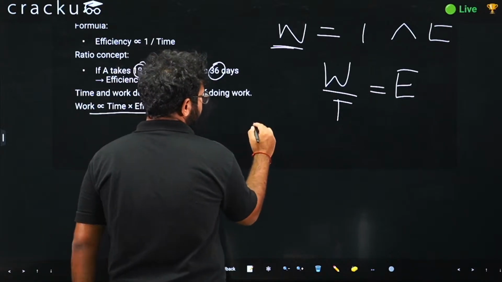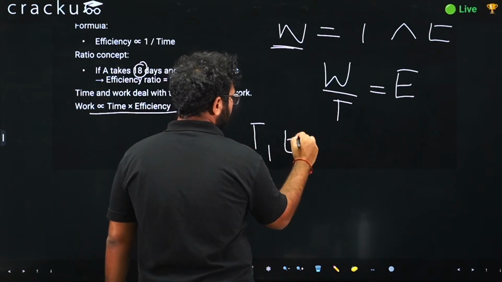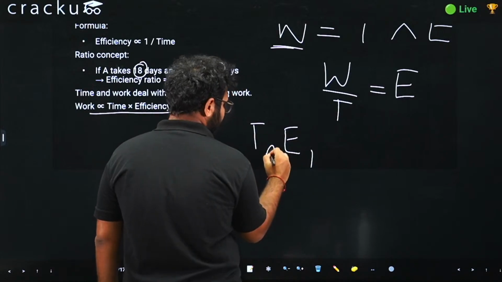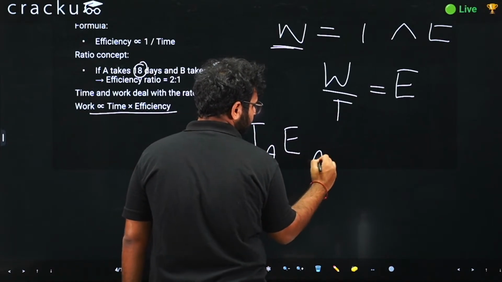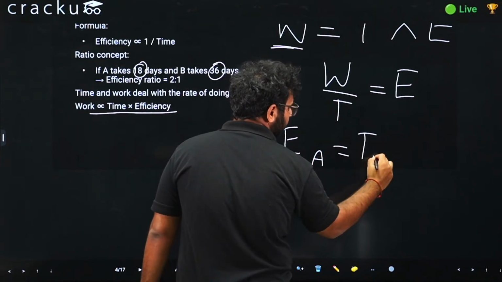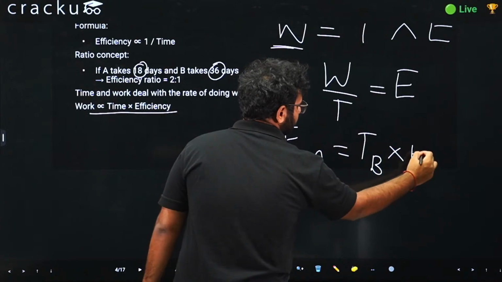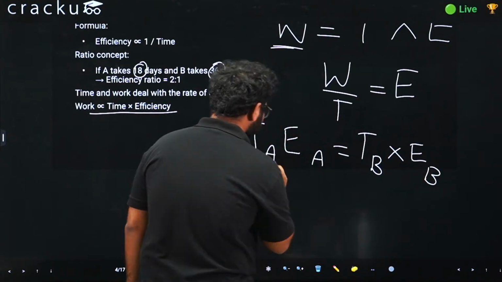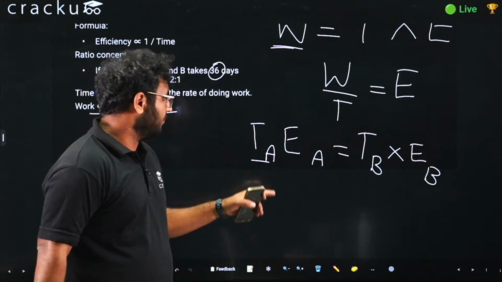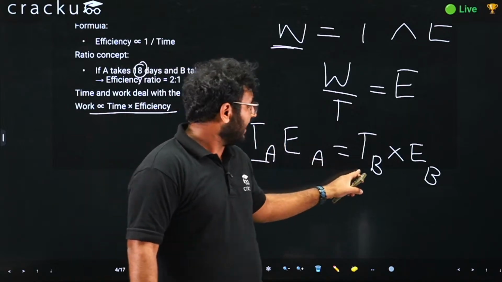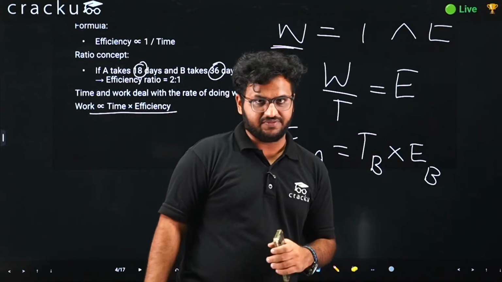So we can say that TA into EA is equal to TB into EB, where TA is the time taken by A to complete the same work, which is the time taken by B to complete the same work.